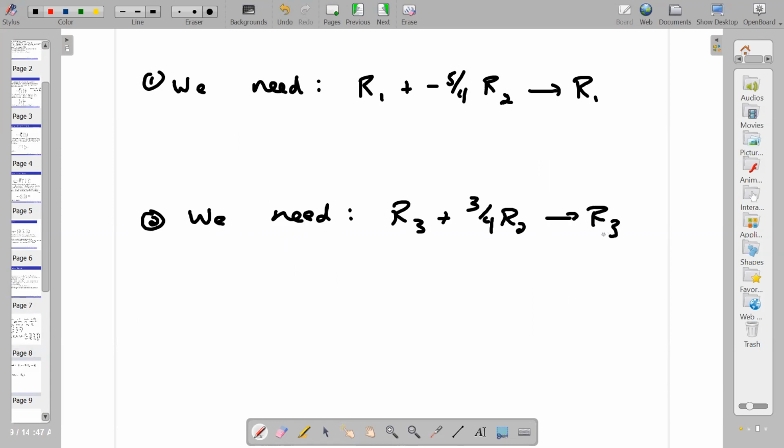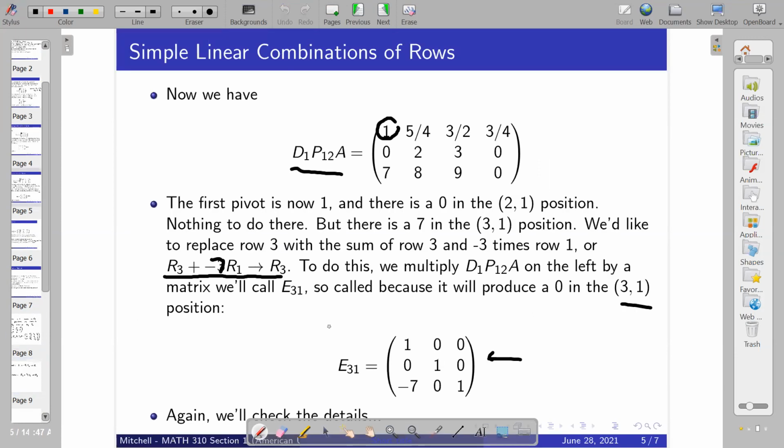Now, what I'm trying to say is that those row operations can be represented by left multiplication by elementary matrices. So the elementary matrix which combines rows in this way will look like this.